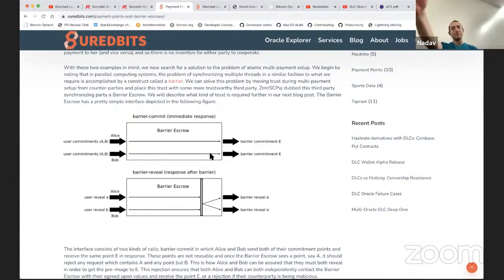So I set up a payment to him, and the point associated with that payment, the tweak, is the Oracle anticipation for the event it's raining. Say that's for 1 Bitcoin, just for simple numbers. And then he needs to set up a payment to me for 1 Bitcoin, contingent on it not raining.